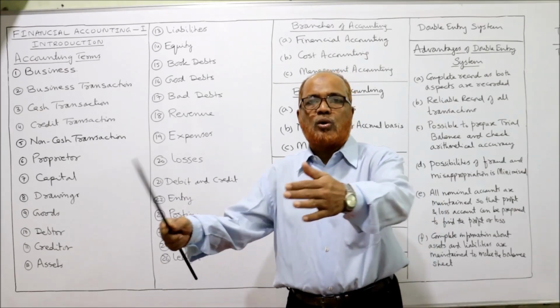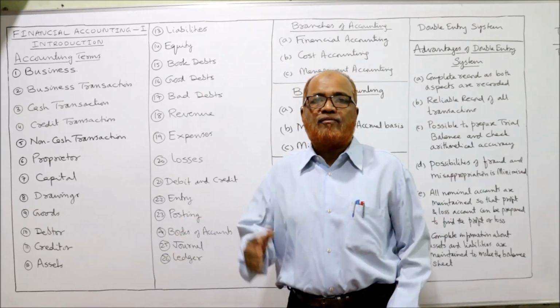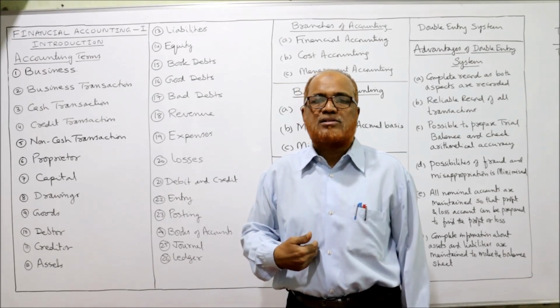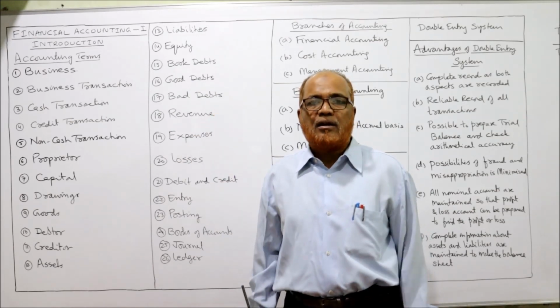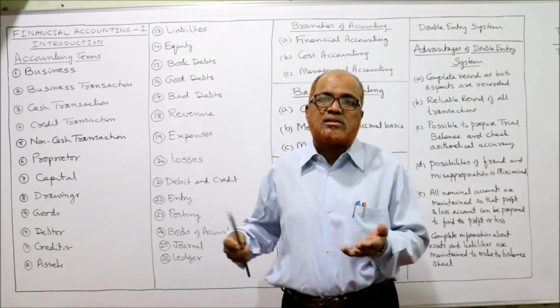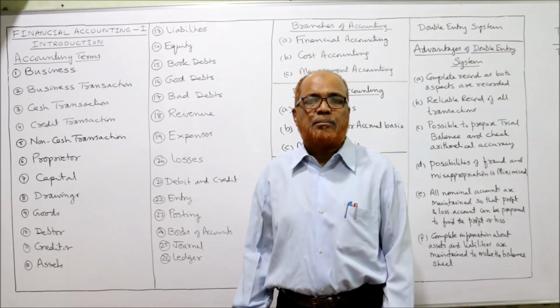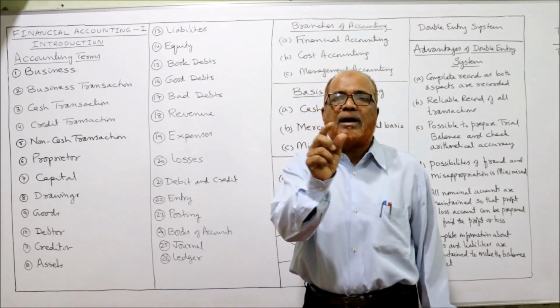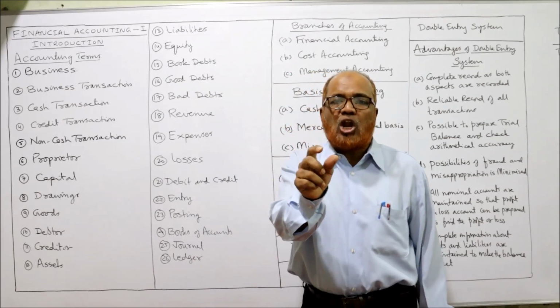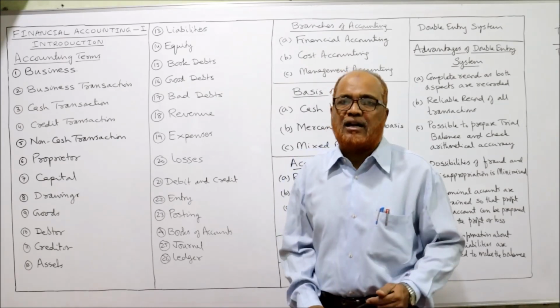For example, we sold goods to Mr. X and 1 lakh rupees is due from Mr. X. Mr. X has become insolvent. Now it is highly impossible for us to get the cash from Mr. X. That is called bad debts. So simply, the debt which cannot be recovered is a bad debt.